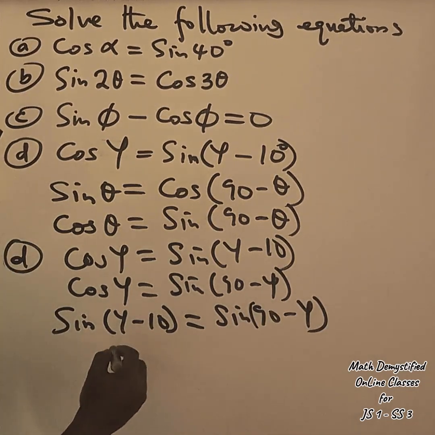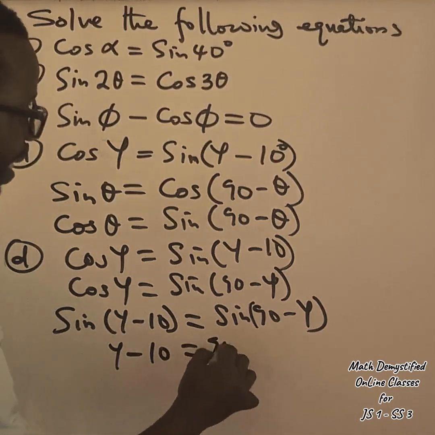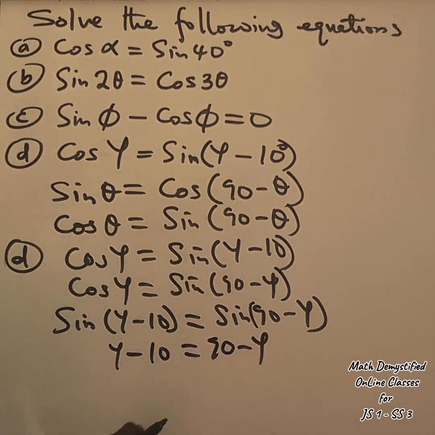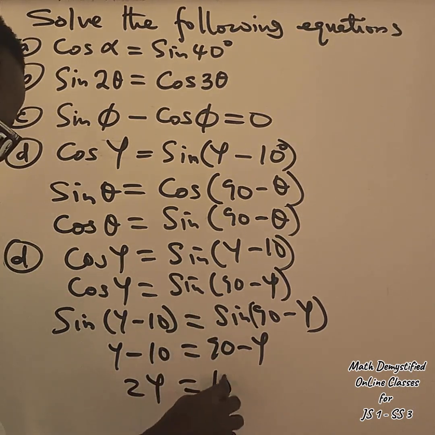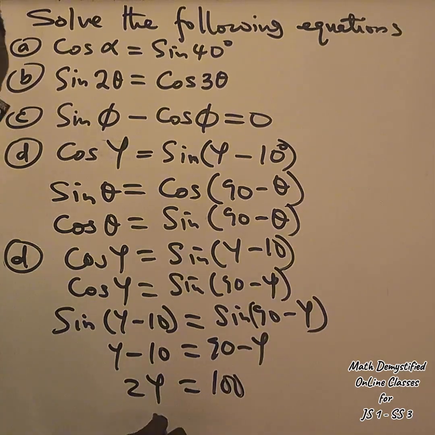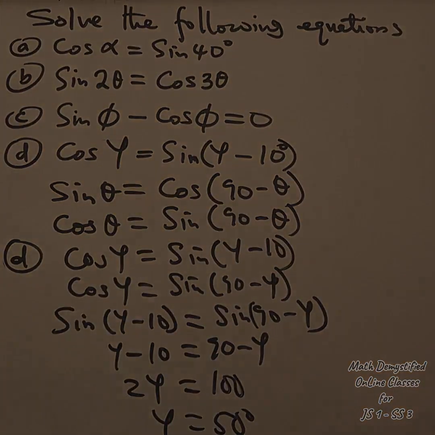Okay, so when you equate it, you have gamma minus 10 equals 90 minus gamma. So collect like terms, this comes here and gives you 2 gamma, which is equal to, when this 10 moves there, 100. And when you divide both sides by 2, your gamma will be equal to 50 degrees. That is how to solve it.